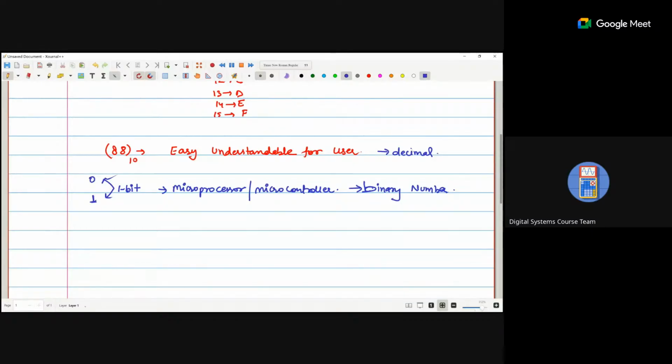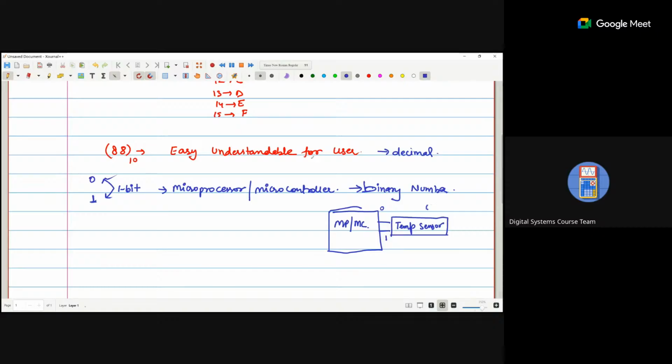For example, if I connect a microprocessor or microcontroller with a temperature sensor, it senses the environmental temperature and sends the value either in the form of 0 or 1.